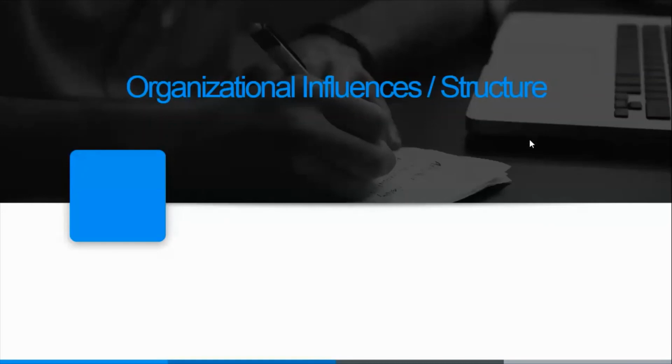That organizational structure will determine the influence over your project in terms of your authority level as a project manager. It will determine the access you have to the resources that will help you manage your project.